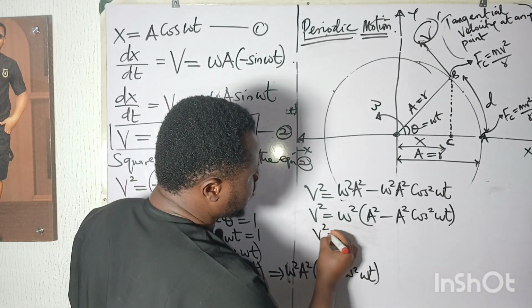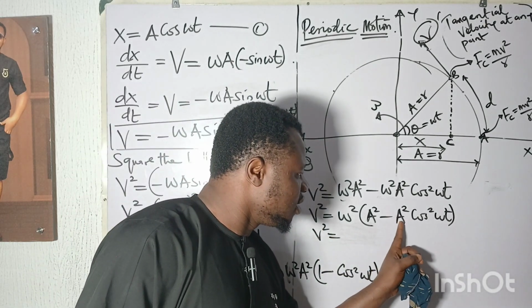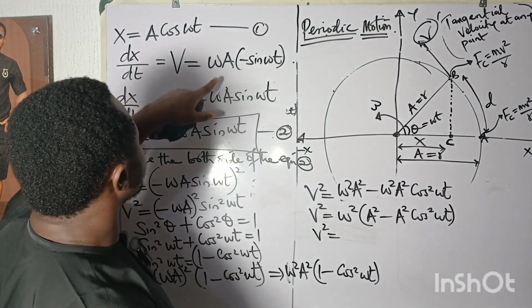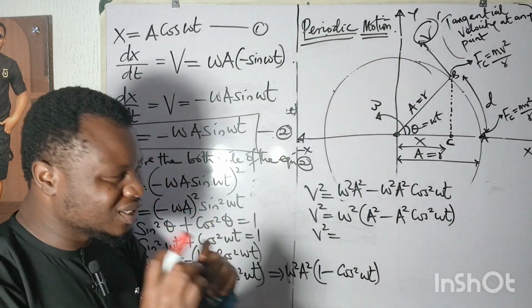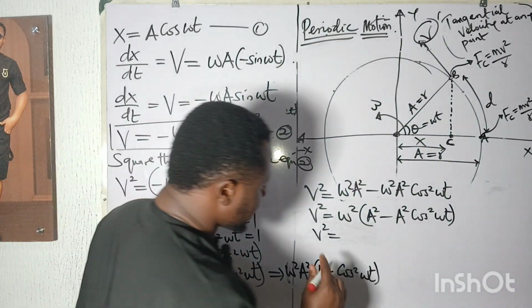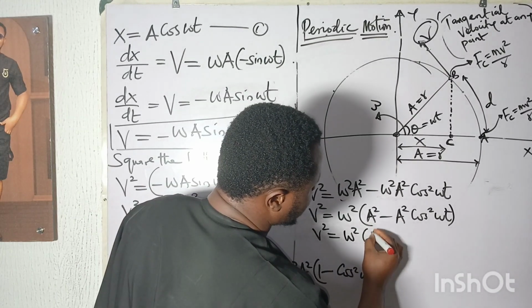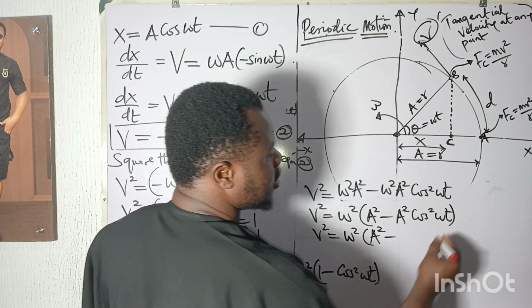Why are we doing that? We are doing that because look at this, we have A cos ωt. So there is something we are seeing, which is the displacement. Now, we have ω square into A square minus, look at this.